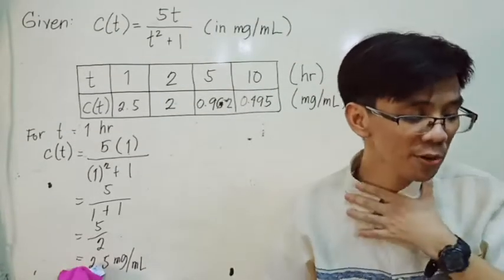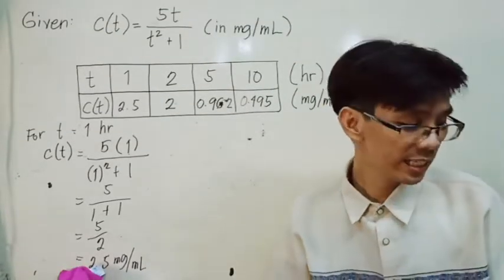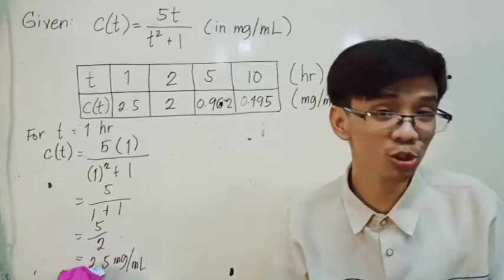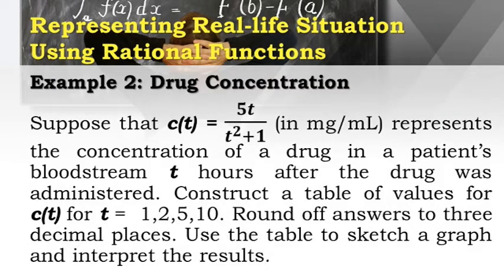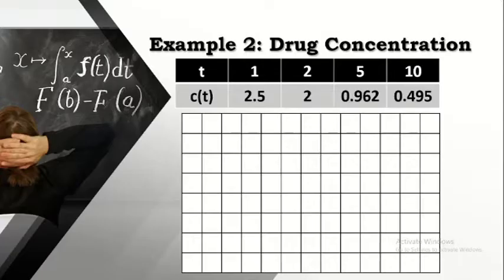After we have created the table of values, the next question that we are asked to do is to sketch a graph representing the rational function given. So, create a graph using a Cartesian plane. For a Cartesian plane, we need to have two axes, which are the x-axis and the y-axis. For the x-axis, let us use t as our horizontal values.